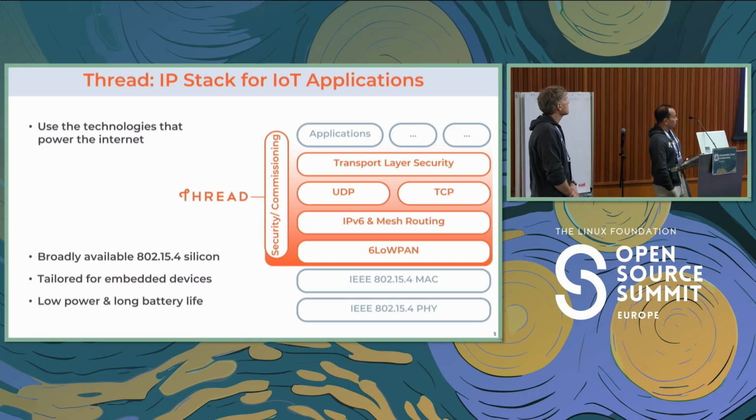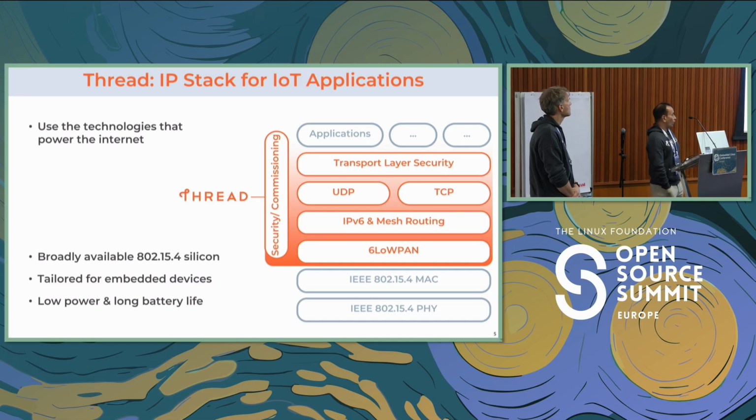The 6LoWPAN is the most important layer for the Thread IP stack, which is basically an abstraction layer. The most important function is header compression, and it does the fragmentation and reassembly of the packets. Because of this particular layer, each and every node can have a native IPv6 stack running on it.